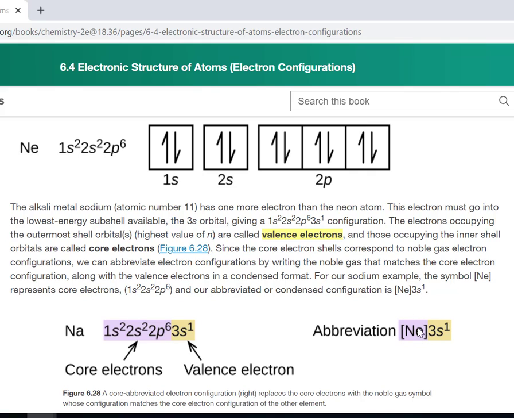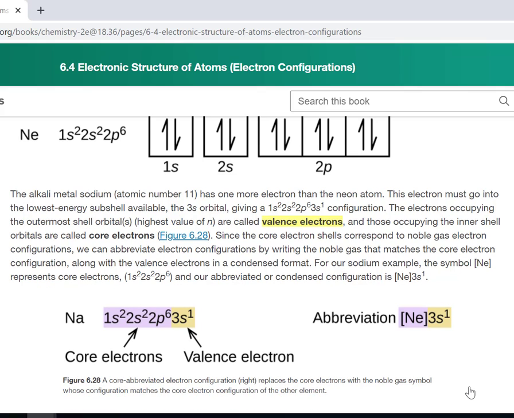We write the symbol for neon in brackets here, and then we have the valence electrons come after that. This is sometimes called the condensed electron configuration. It shows only the valence electrons, and then we have this abbreviation for everything else.